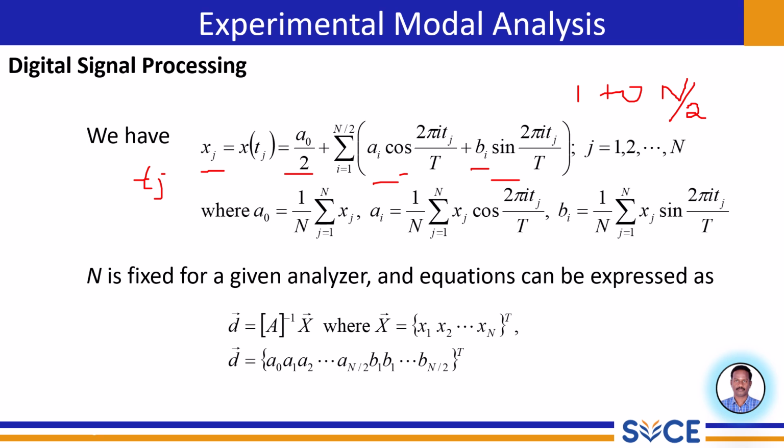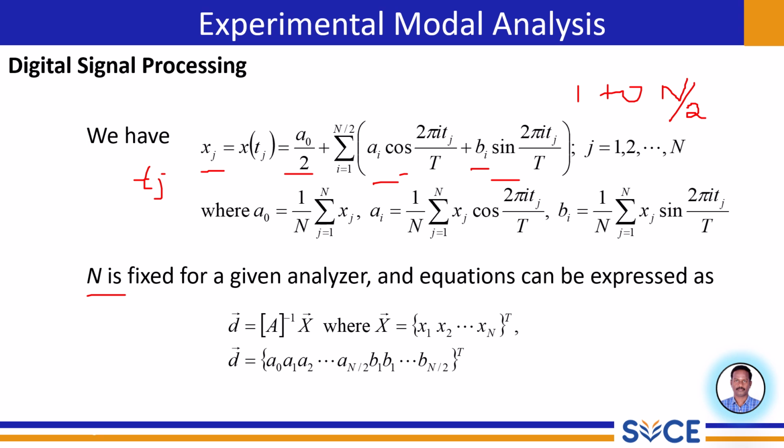Here we have another formula to calculate these coefficients from our digital data. This confirms that A0 is indeed related to the average value of the n data points.